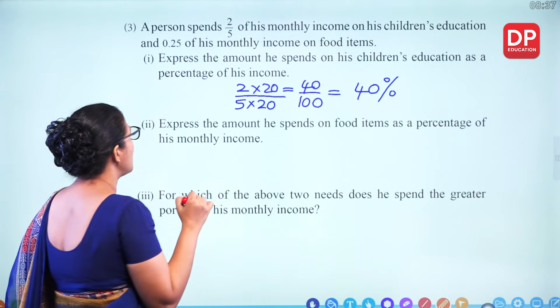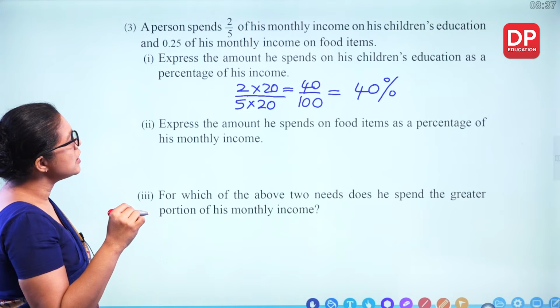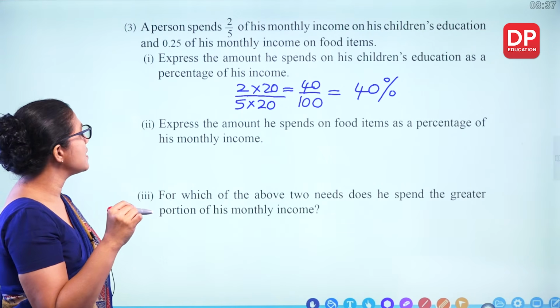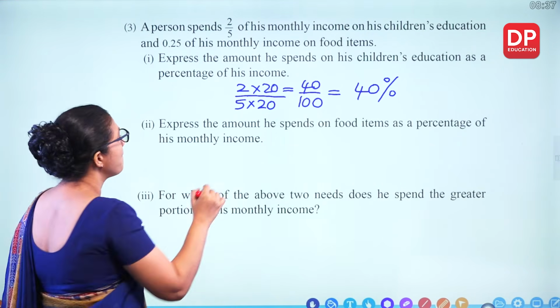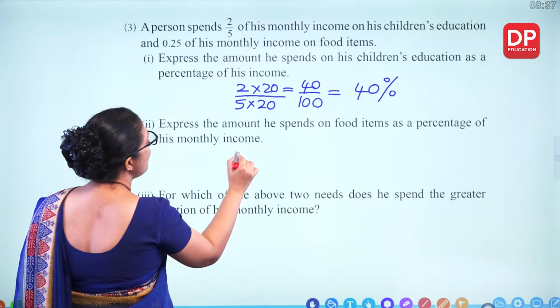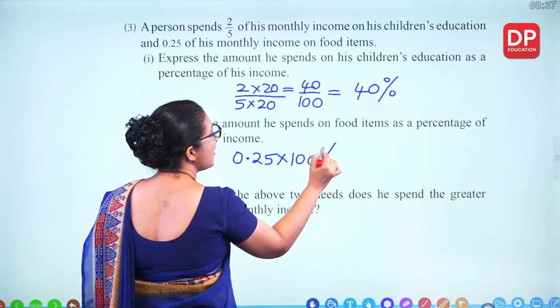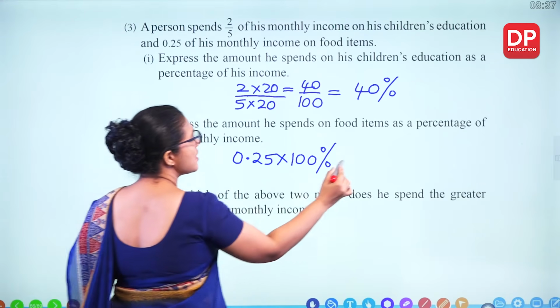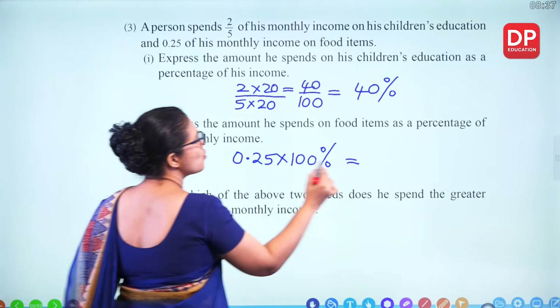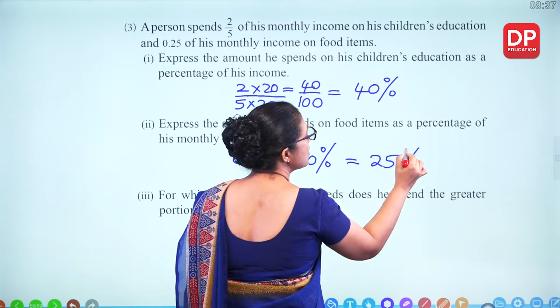40% for education. Express the amount he spends on food items as a percentage of his monthly income. 0.25. Convert to percentage, multiply by 100 and put the percentage sign. 1, 2, 2 places to the right, that's 25%.